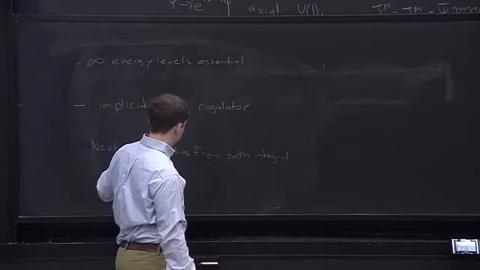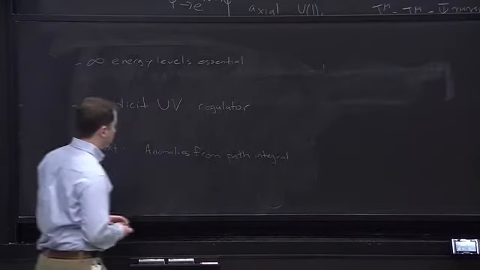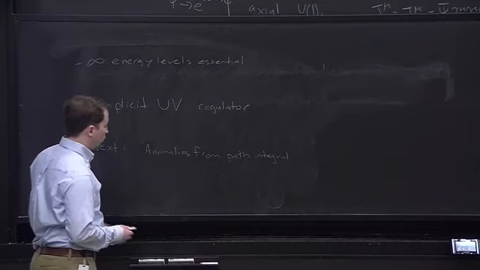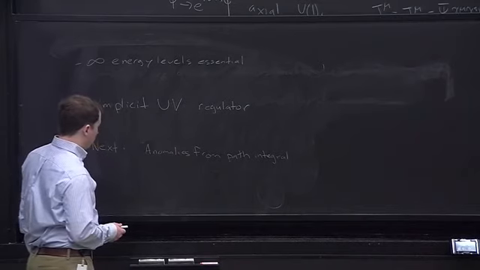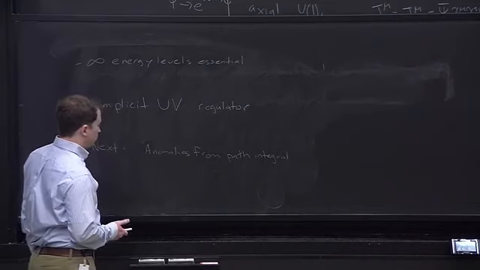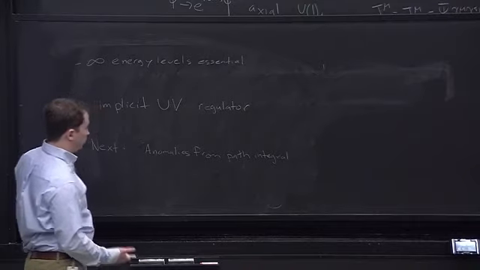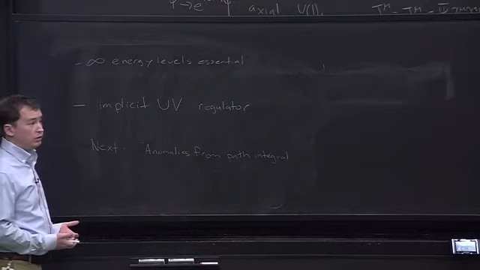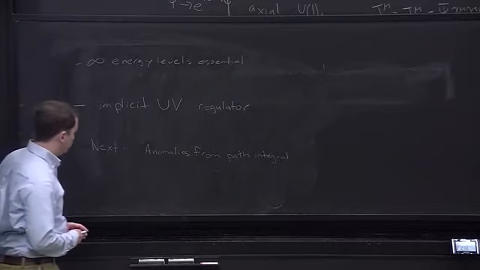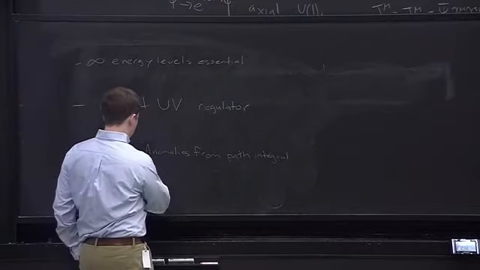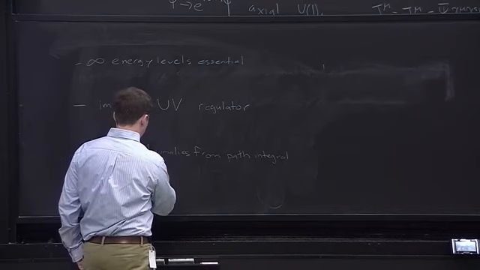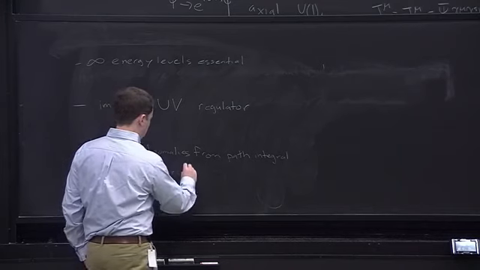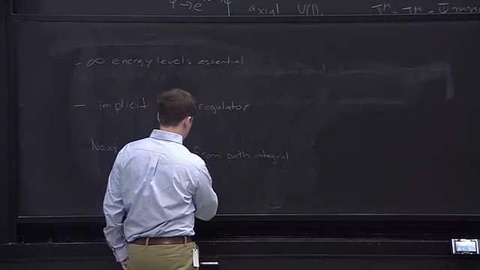So we'll discuss anomalies from the path integral, where the anomaly you can think of as coming from the non-invariance of the measure under the symmetry. And we'll also discuss anomalies from perturbation theory and Feynman diagrams.